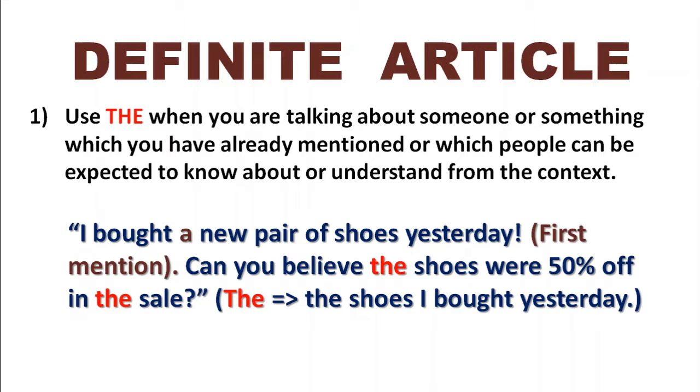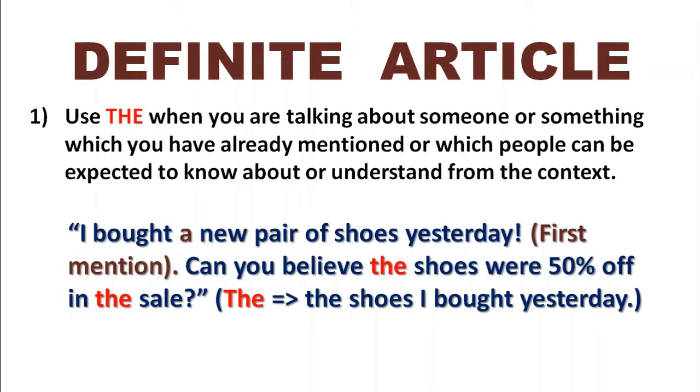Do we know about the sale? Has he mentioned the sale before? No. But here's the point. It says above, if you look at it, things we can expect you to know about or understand from the context. So for example, if you go and buy a pair of shoes for 50% off, you can pretty well believe that there was some kind of sale going on. So we don't need to talk about the sale.